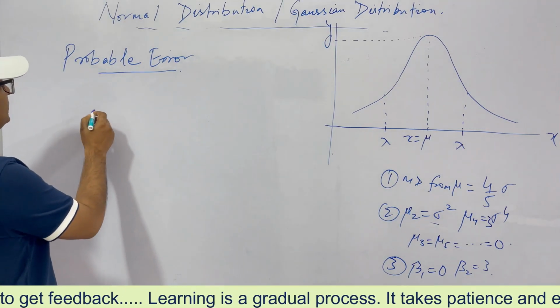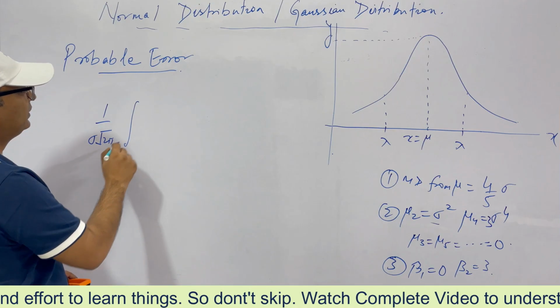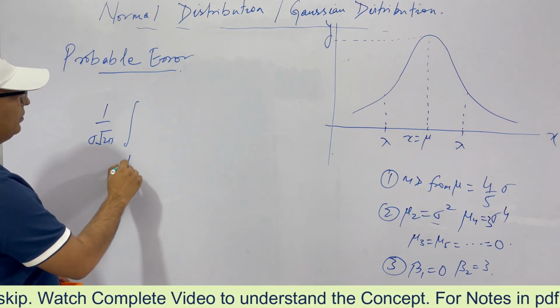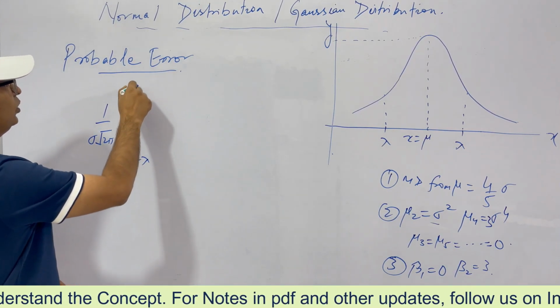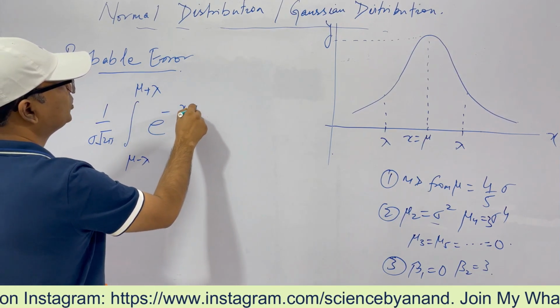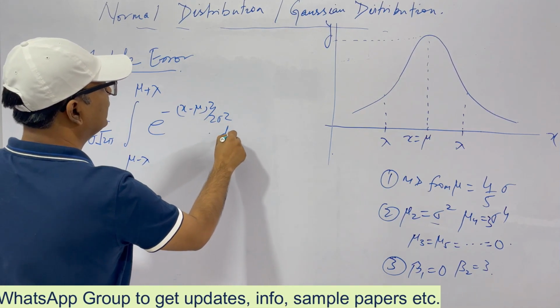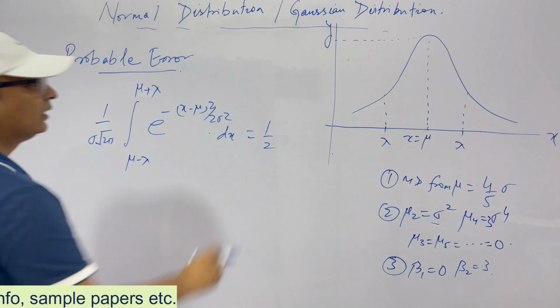So the meaning is, we have (1/(sigma root 2 pi)) integral from mu minus lambda to mu plus lambda of e to the power minus (x minus mu) square by 2 sigma square dx, and this is equal to half.